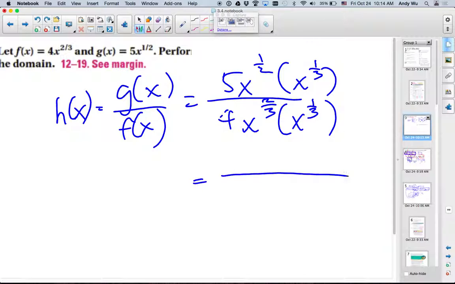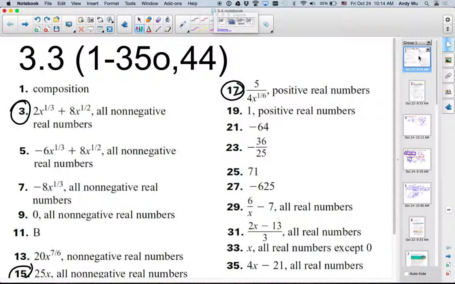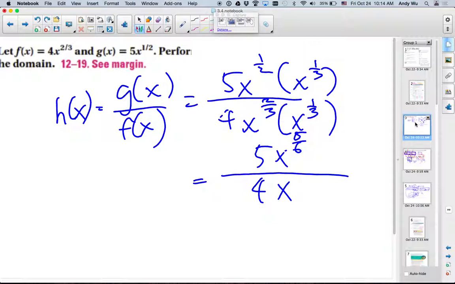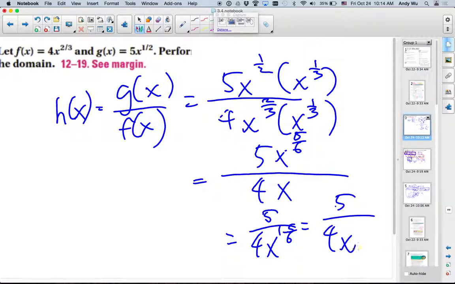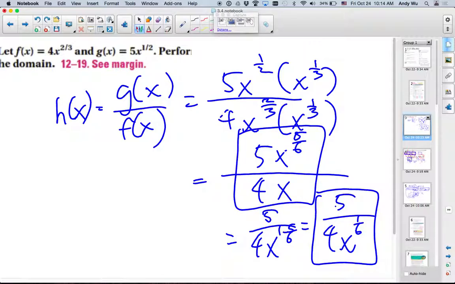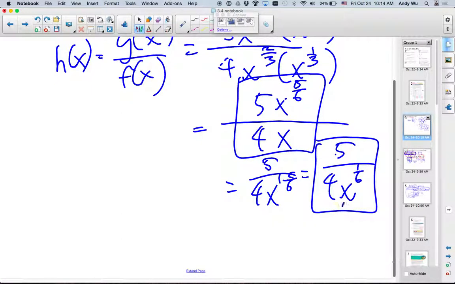This will give you 5 over 4, x to the 1/2 minus 2/3, which is 5 over 4, x to the 1/6. That's fine too. What's in the answer key? They have it on the bottom. This is also fine, I guess. But we'll look at this one.